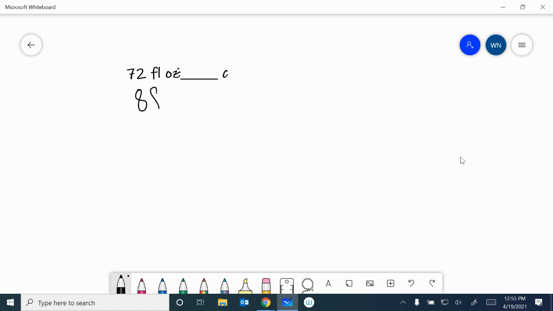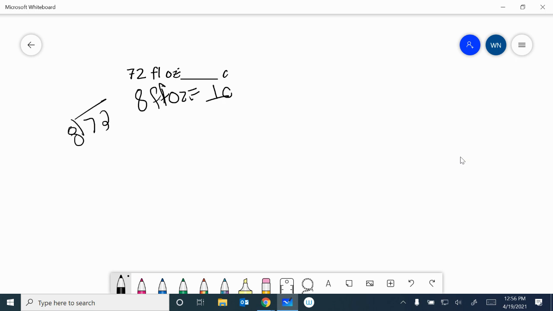You know that there are 8 fluid ounces to every 1 cup. So we know that 8 fluid ounces is a much bigger side over here. 8 fluid ounces to 1 cup. So we're going to divide our 72 divided by 8.